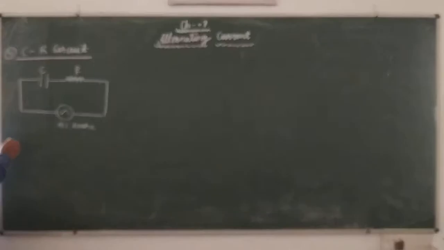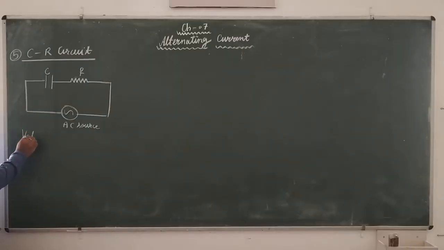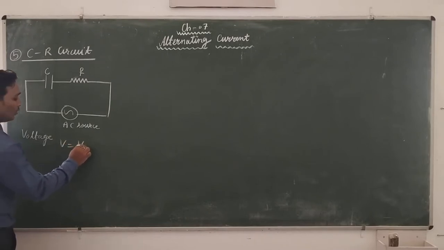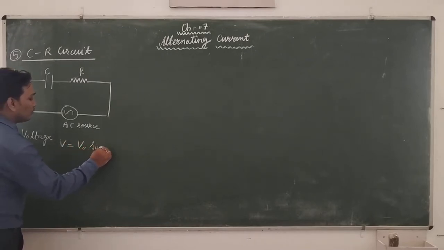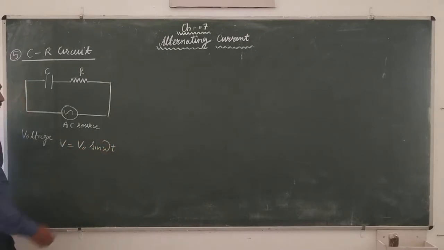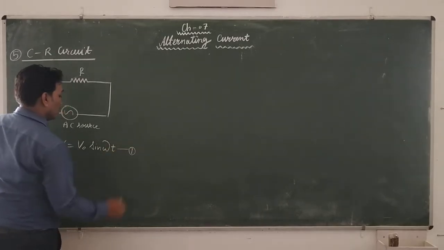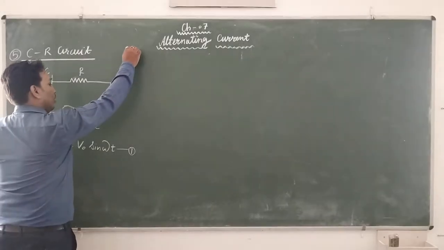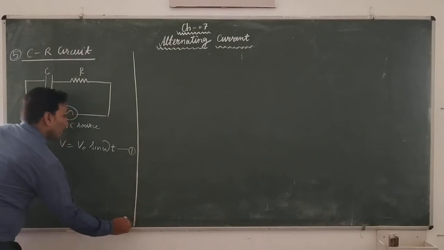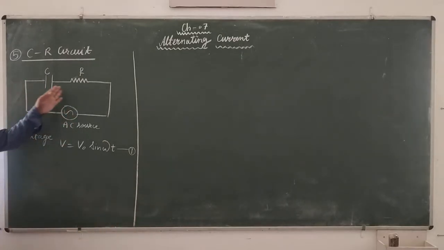What is the voltage we have? V is equal to V0 sin omega t. This will be equation number 1. Again, the same logic: if they are in series combination, then what will happen?